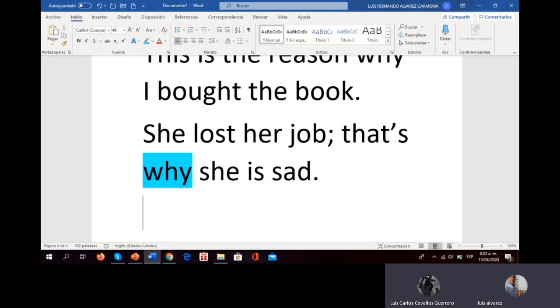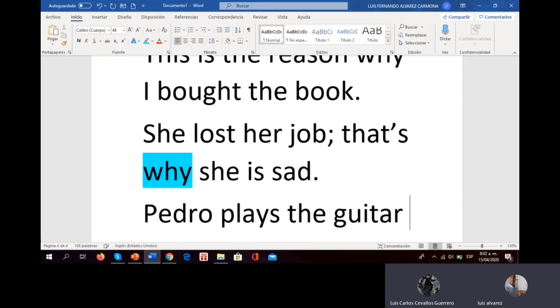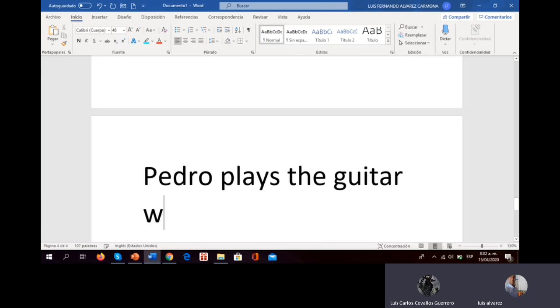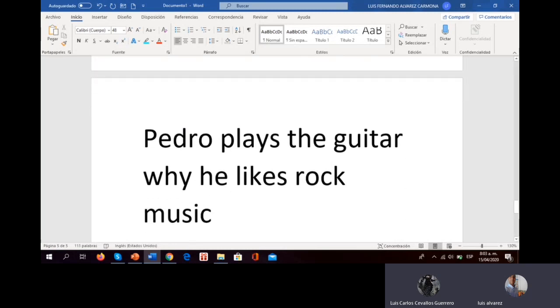For example, Pedro plays guitar. Why he loves rock music? He loves. He likes. Yes, he likes rock music. Pedro plays the guitar. Why he likes rock music?